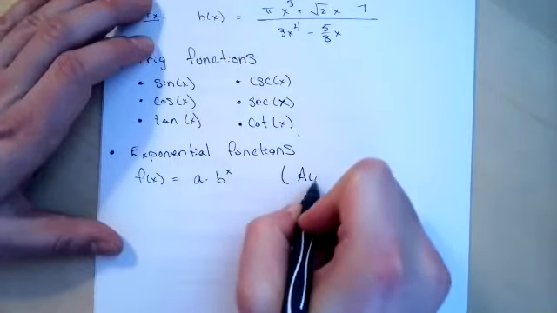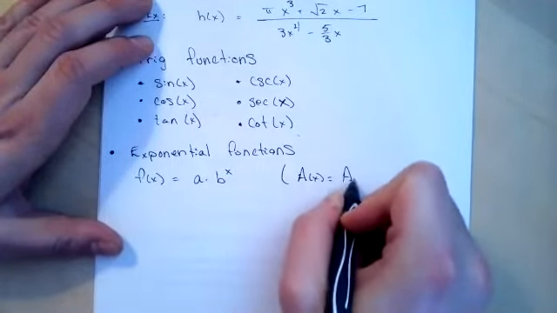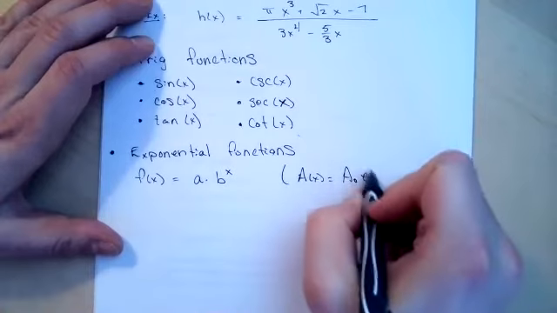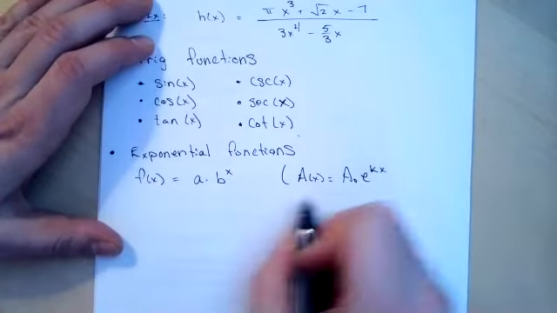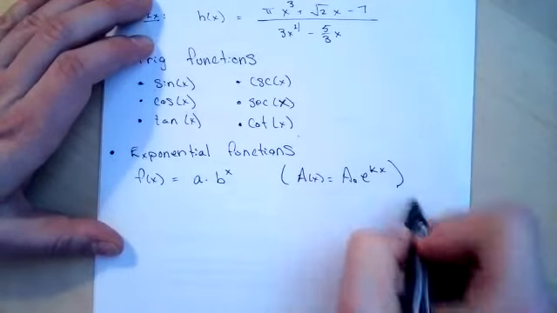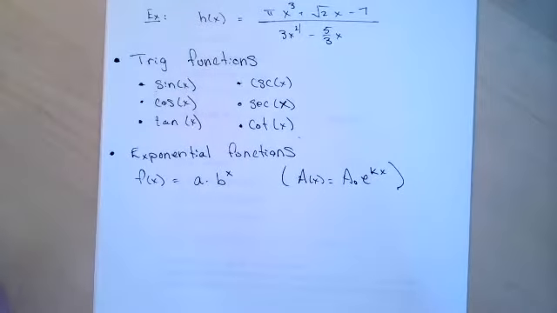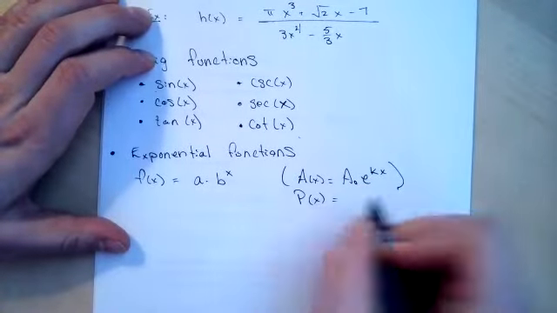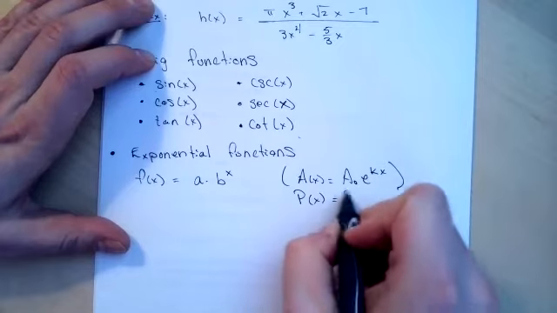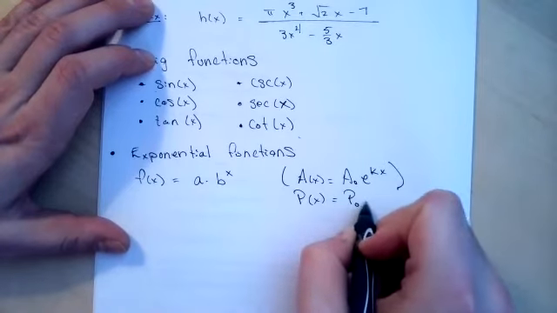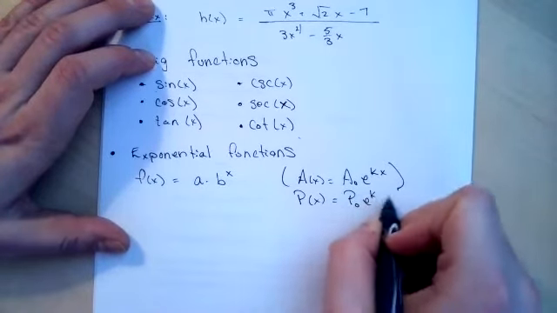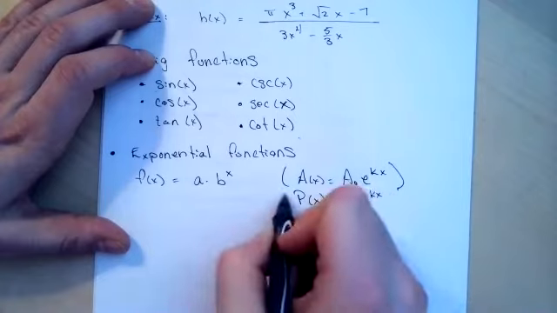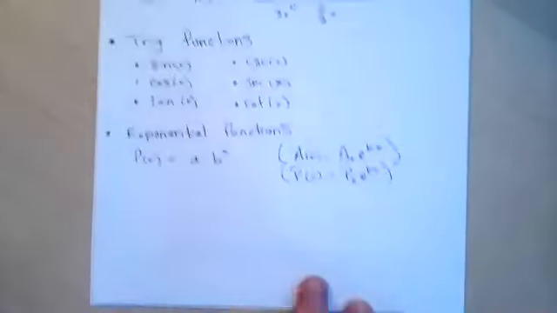You often see something like A of x is something like A naught e to the kx, or sometimes x is t. So this might be an accrual of an annuity. Sometimes we have population functions where P of x is equal to P naught e to the kx. So in population growth, we'll use exponential functions a lot.